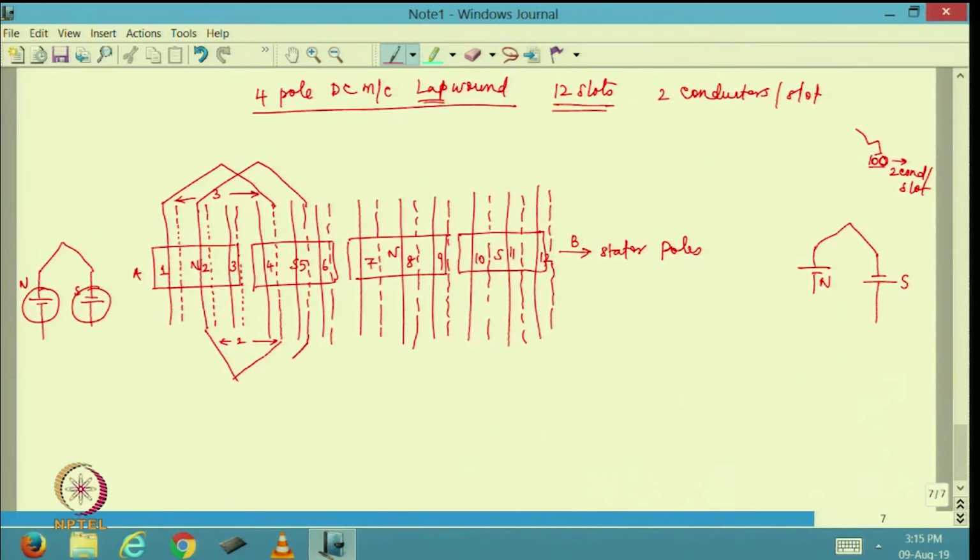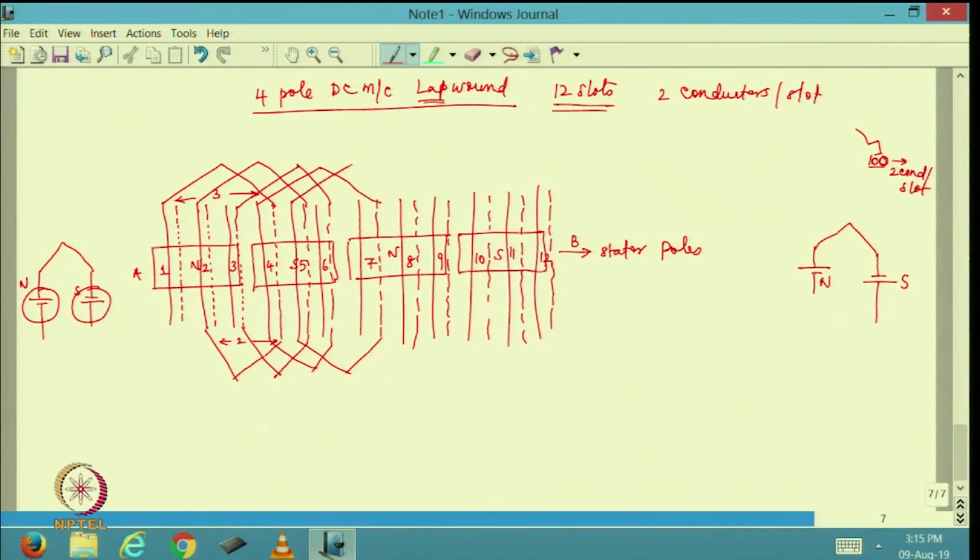Now, from 5 it will come back and it will go back to 3. Now, from 3 it will go progressively in the front to 6. From 6 it will come back to 4. So, it has to come back to 4. From 4 it will go to 4 plus 3, 7. From 7 it will go back to 5.